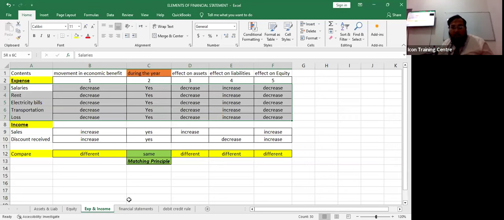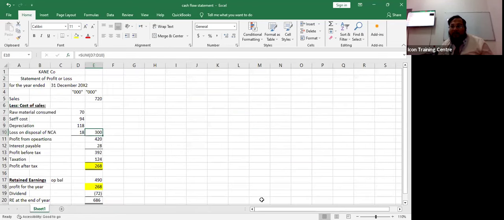So whatever is happening here, whether it is sales, expenses or profit, you can't be sure how much cash you have received against that particular amount. That is why this chapter relates to the cash flow statement. Now we have to prepare a statement that should show a clear picture of cash, because our financial statements cannot show the clear cash position.